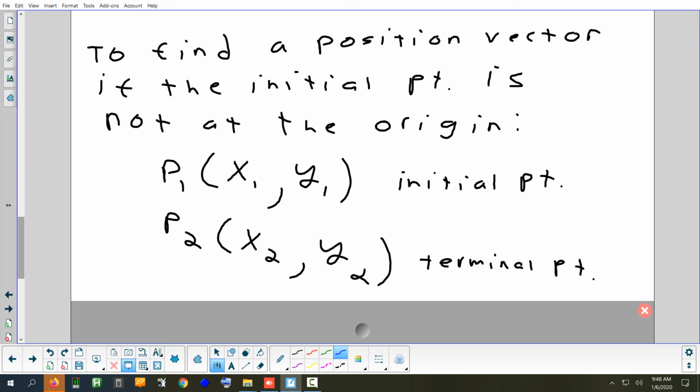Now, a lot of times what they do for the coordinate is they call them P1, P2. If they don't tell you which one is which, you always assume P1 is initial. Think of 1 as first, 1 is at the beginning, 2 comes after, at the end. Right? So P1 is always the initial, P2 is always the terminal.